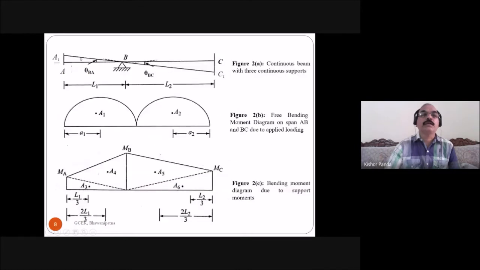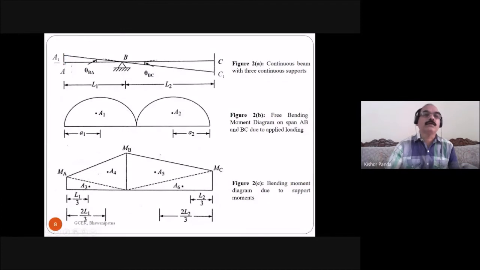If you draw a tangent here to the elastic curve, which I have not shown here, this is the tangent at the intermediate support. On this side the slope is theta BA, on this side theta BC, and this is the intercept.